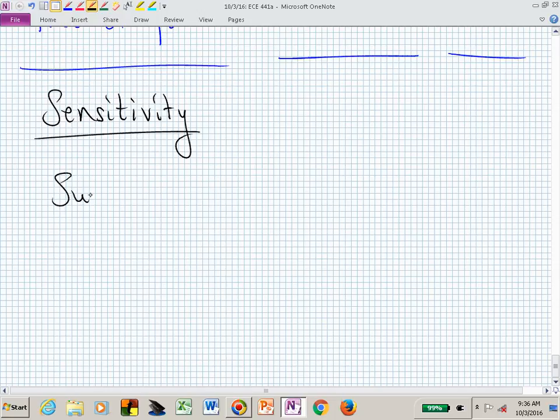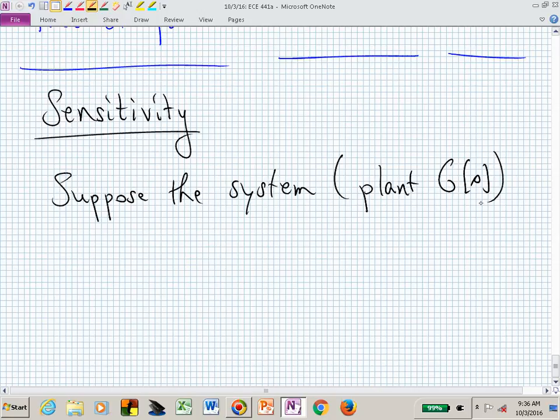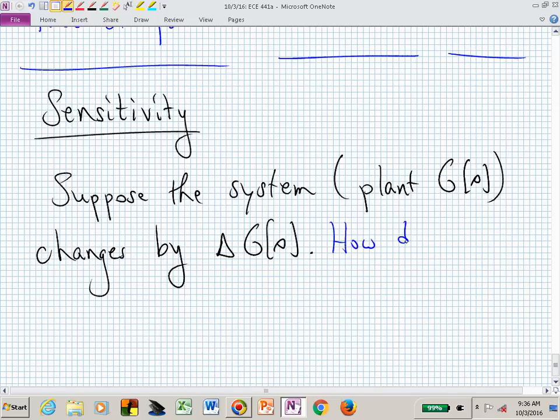So suppose that we now parameterize, let's say that's a plant that's described by a transfer function G of s, changes by some amount we'll call delta G of s. We want to know if our system changes by a delta G of s, how does the transfer function change?